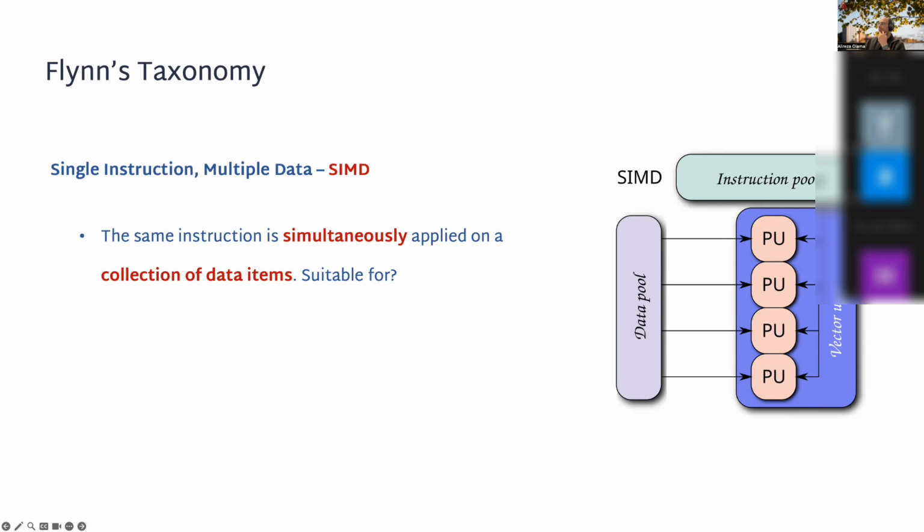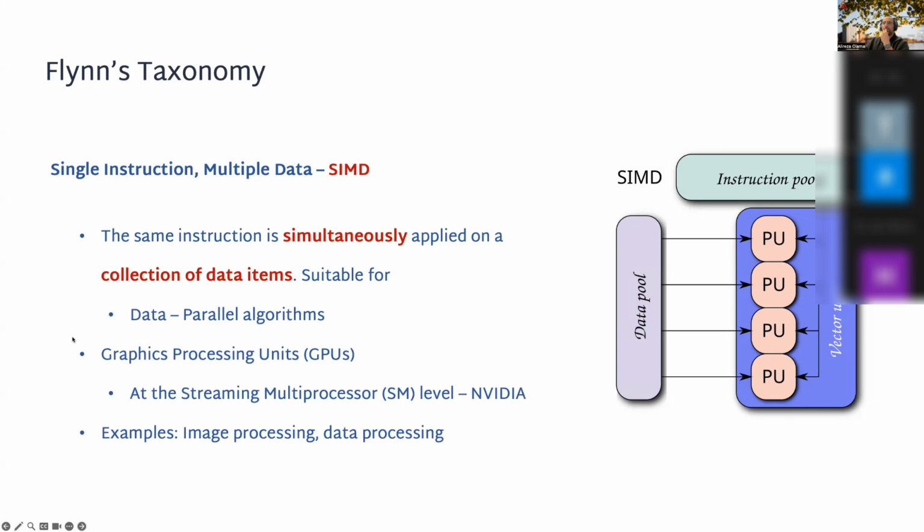If you look carefully, you see that we can process different data items, but with a single instruction. So it means we can perform data parallel algorithms. We can implement and design data parallel algorithms where you split the data, send it to different processors, and then you perform the same computations on it.